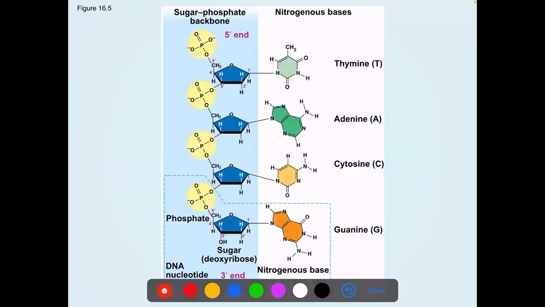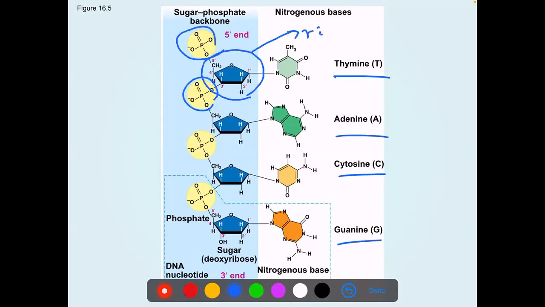So this is one strand backbone of DNA, composed of four different nucleotides. You always have a 5' end and a 3' end, based on this sugar. Actually, we call it deoxyribose. The sugar backbone is linked by phosphate.